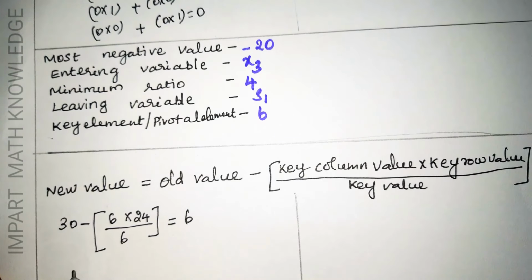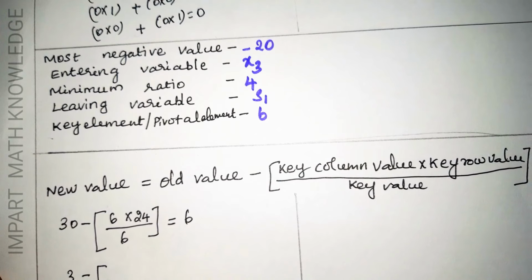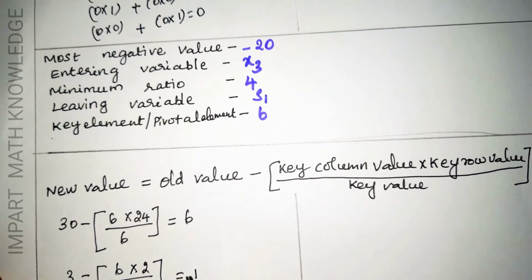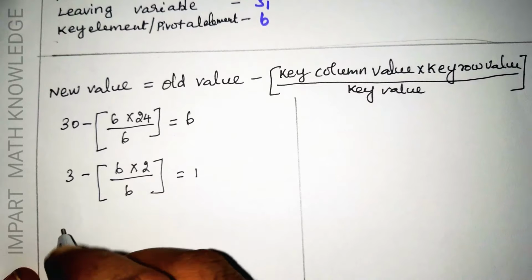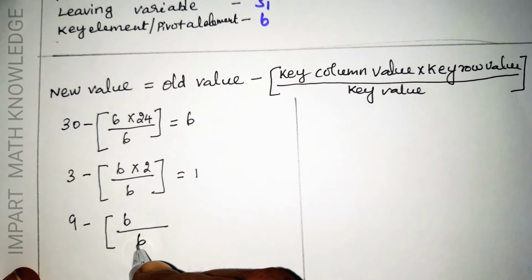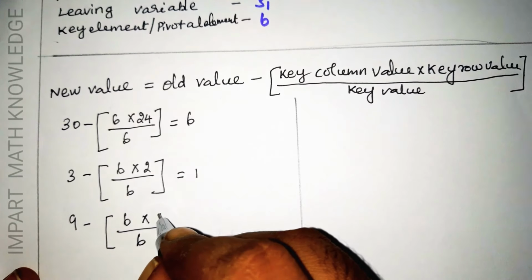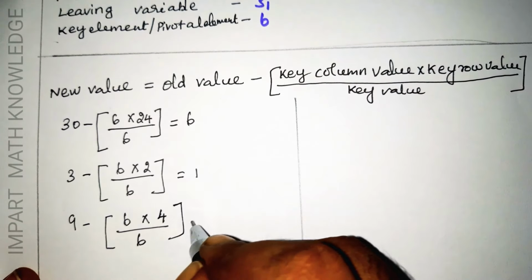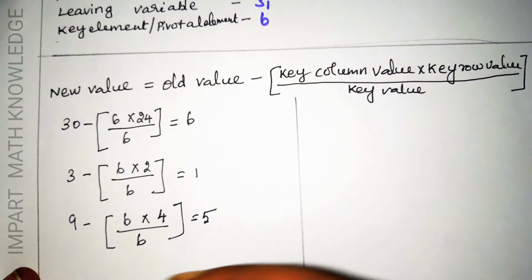Next one is 3 minus key column value, key value into key row value. So the value is 1. And the next one, 9 minus key column value, key value into key row value. So the value is 5.